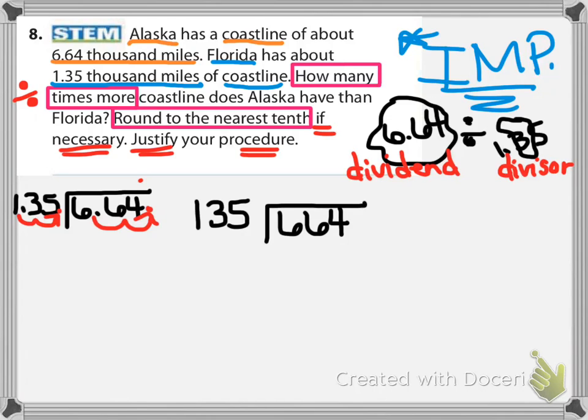We don't want to forget that the decimal is at the end of 664, and then we also need to walk that decimal up into our quotient. Now you can begin your steps of division. We said the steps are, does McDonald's serve cheeseburgers raw? Which means divide, multiply, subtract, check your work, bring down the next number, and repeat the steps until you're done. Okay, I'm going to pause here, work the problem, you work it, come back and check.